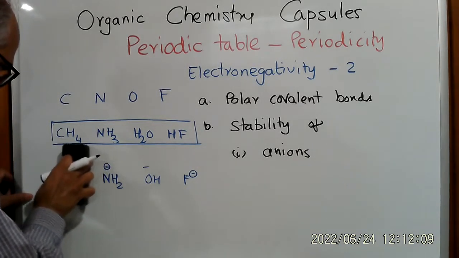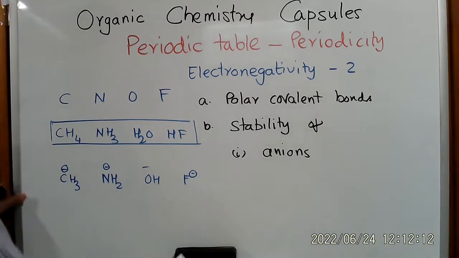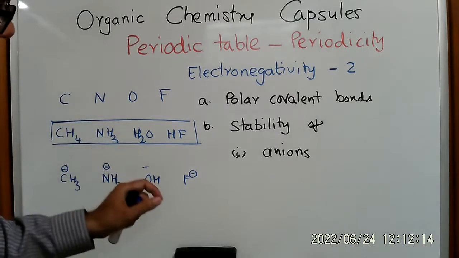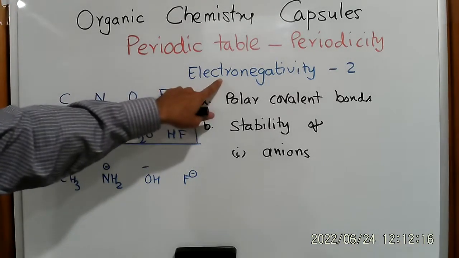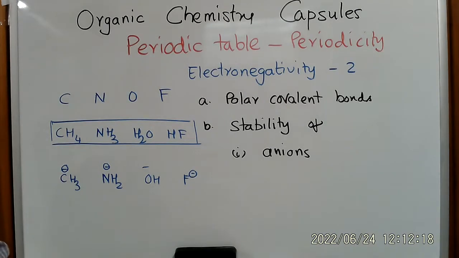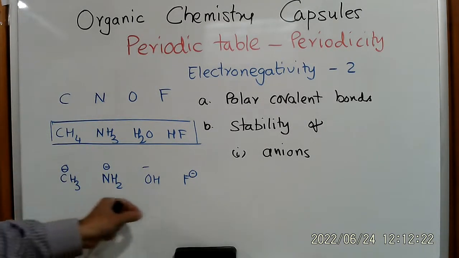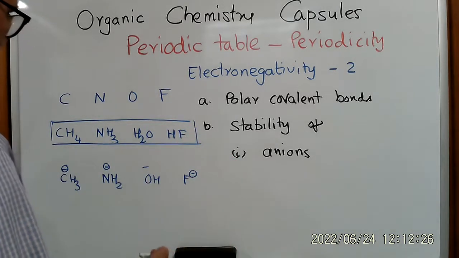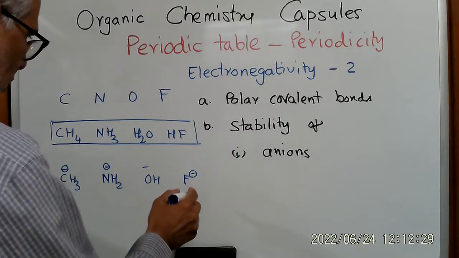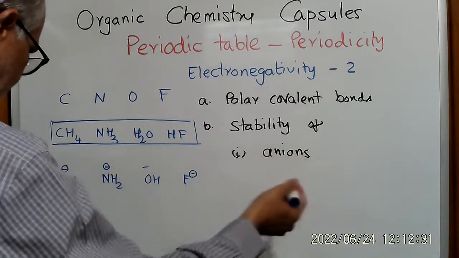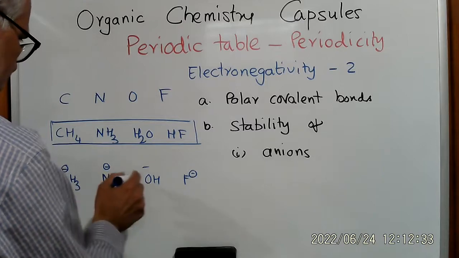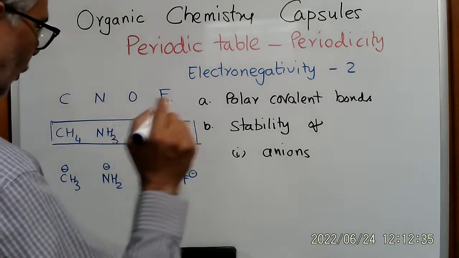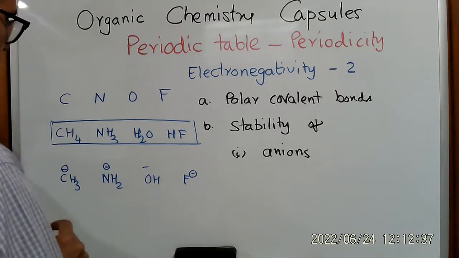Now, the point of this video is how electronegativity helps us in predicting the stability of these four anions. Notice, in each ion, the negative charge is on the element, in this one carbon, nitrogen, oxygen, fluorine. What do we know about electronegativity?